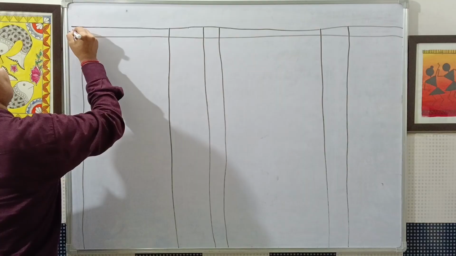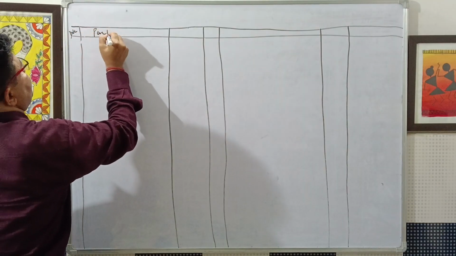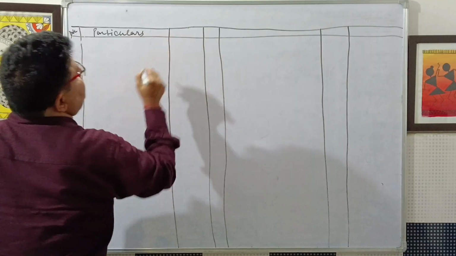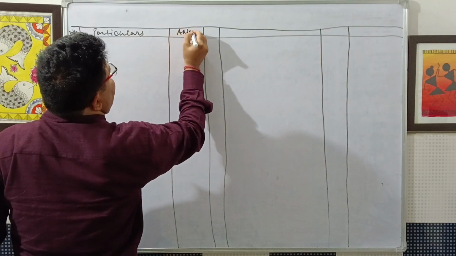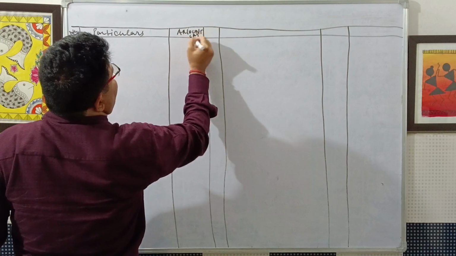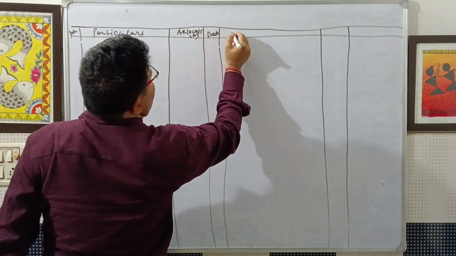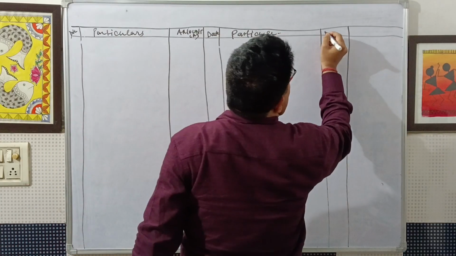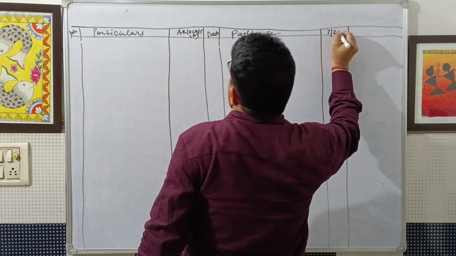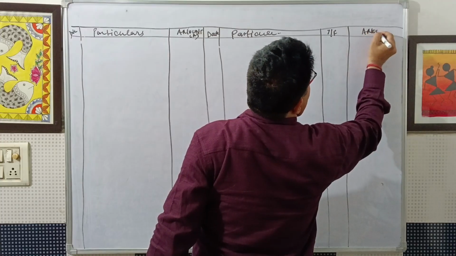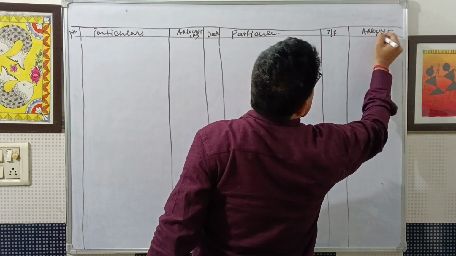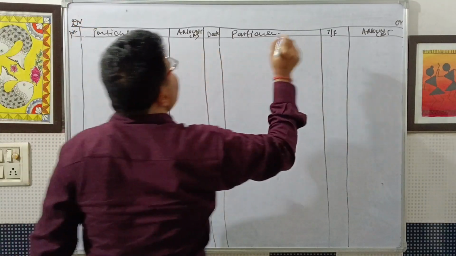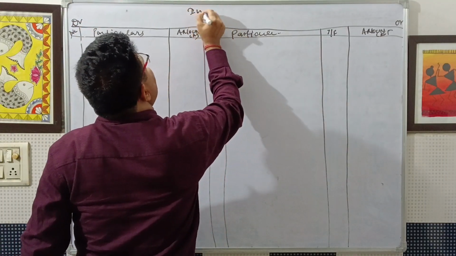Date, particulars, amount, date, particulars, JF, amount, Cr or Dr. There is one debit side and one credit side.